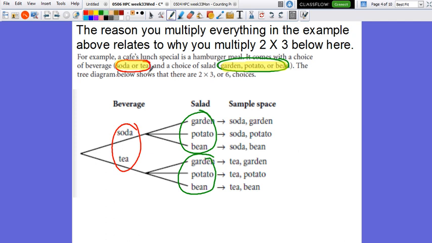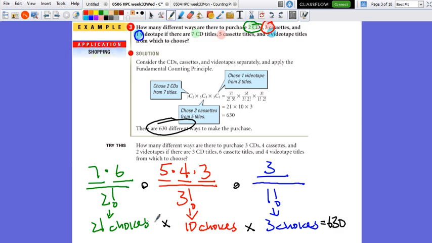You have 2 choices here, 3 choices here, and the total is 6 choices, which is the same as multiplying 2 times 3. So you multiply each of the choices to get the total choices. So here we have each of these choices, and you multiply them to get 630 total choices.